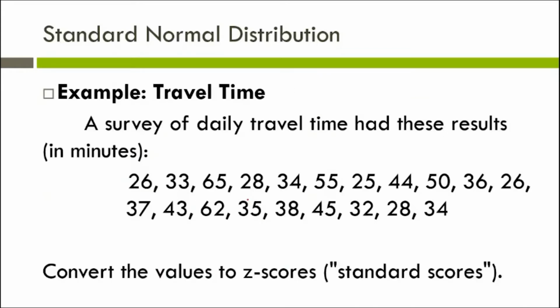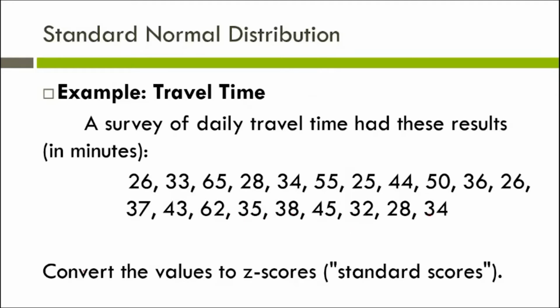Okay, let's take this example. A survey of daily travel time has these results in minutes. So you have 26, 33, 65 minutes, 28, 34, 55, 25, 44, 50, 36, 26, 37, 43, 62, 35, 38, 45, 32, 28, and 34.